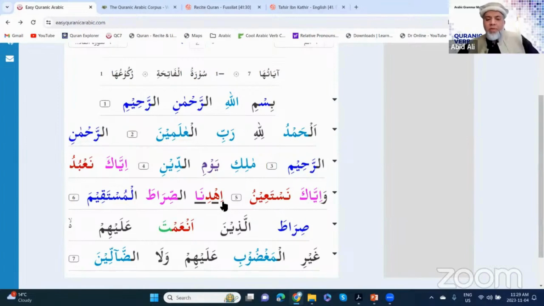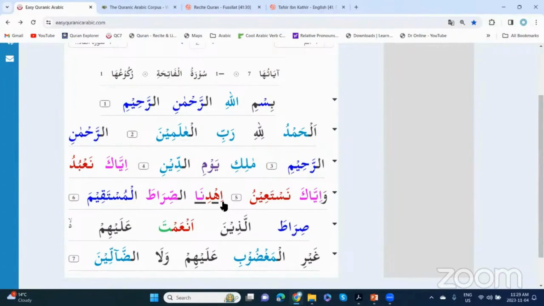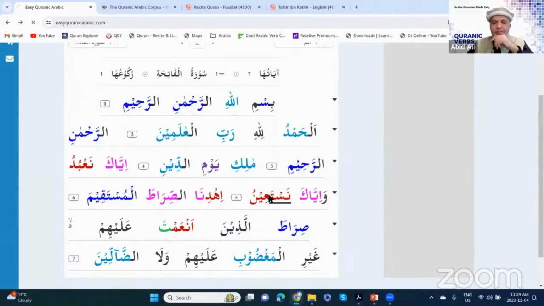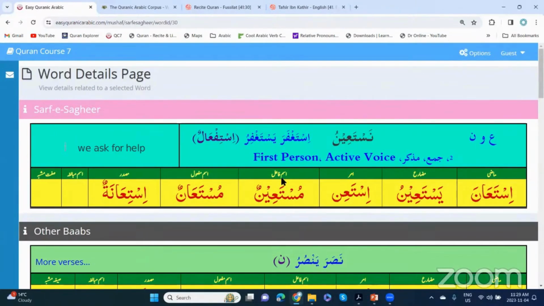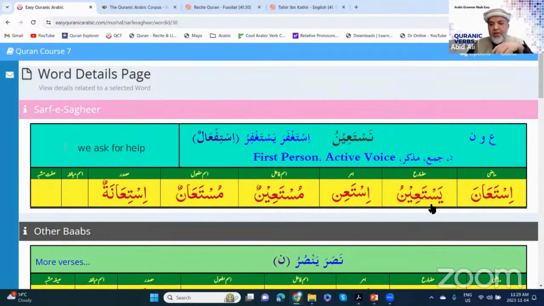Yes, Sister Romana, please go ahead. Brother, the nasta'inu, it comes from a four-root-letter word, is it? Okay, let's take a look. So, yes, you're right. It's from Bab Istif'al. Inshallah, in the next class, after we finish these 10 sessions, the next project will be about the words with additional letters.